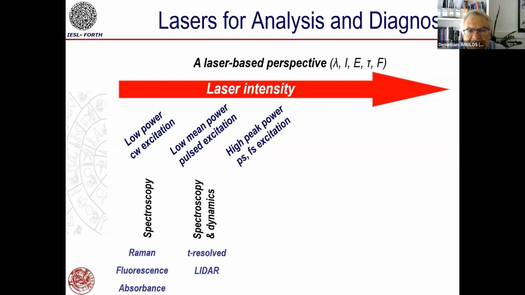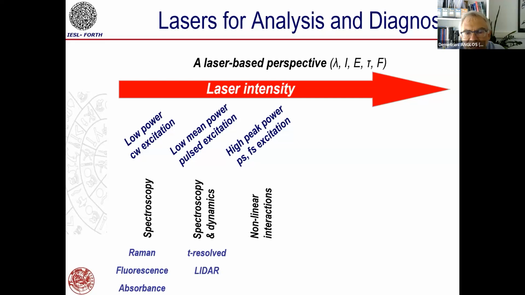Now, if we reduce the pulse width of the beam and maintain the same energy or even increase the energy, consequently, we increase the peak power. So the intensity of our laser beam, of our laser pulse, becomes very high, and that opens the door to other phenomena which we call nonlinear phenomena.